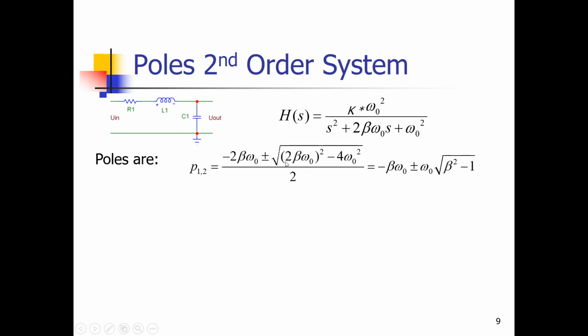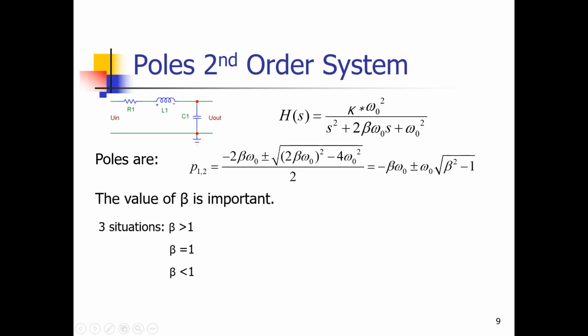So we get in the square root over here the square root of beta squared minus 4 over 4, which is minus 1. So this is the location of my two poles. One pole at minus beta times omega 0 minus omega 0 times the square root of beta squared minus 1, and the other one has the same real value over here plus this value over here.